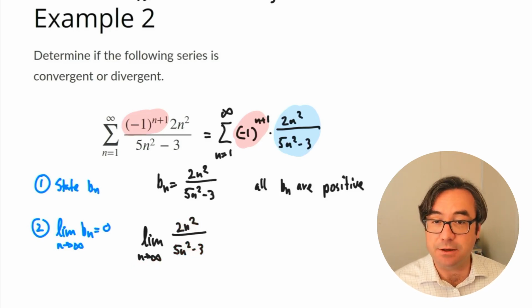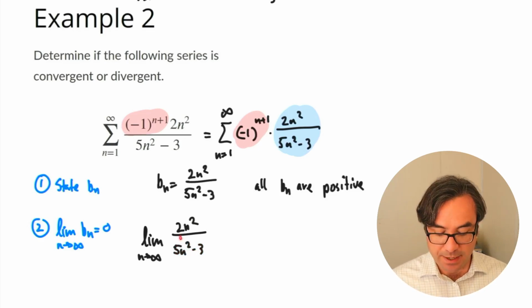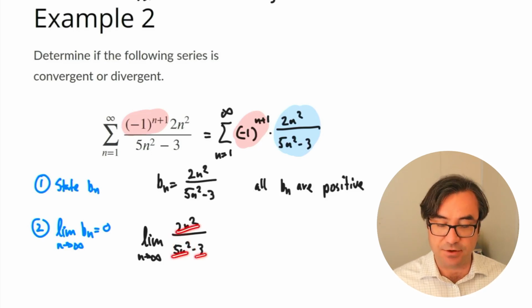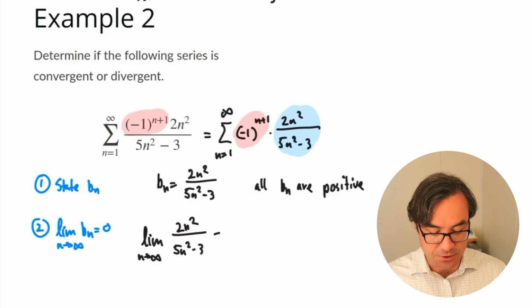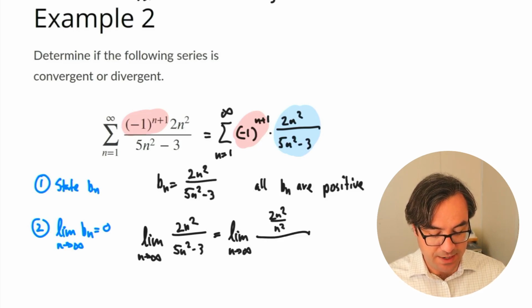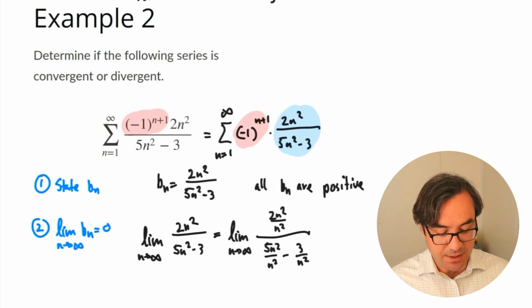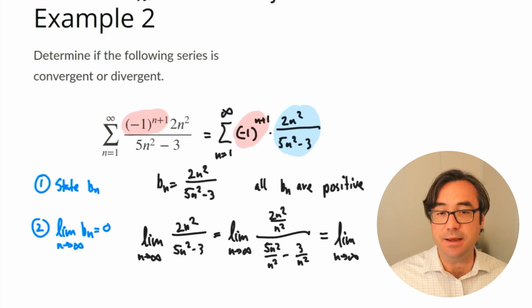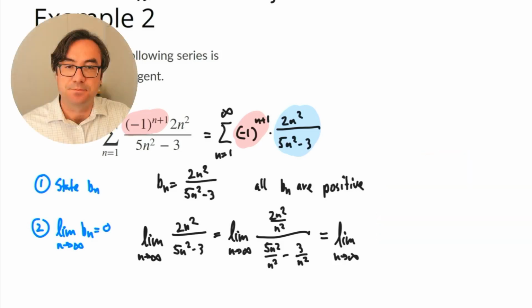So we could use L'Hopital's rule, but it's usually easier to use our algebraic technique, where we pick out the largest power of n in the denominator and then just divide every single term by it. So let's do that. We get 2n squared over n squared divided by 5n squared over n squared minus 3 over n squared, and if we clean that up, we end up with the limit as n goes to infinity.